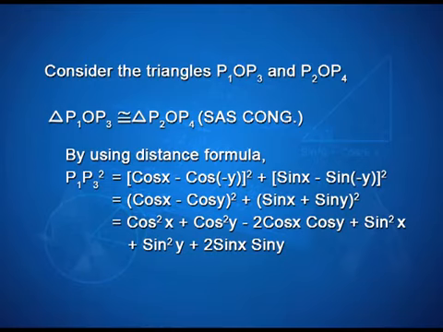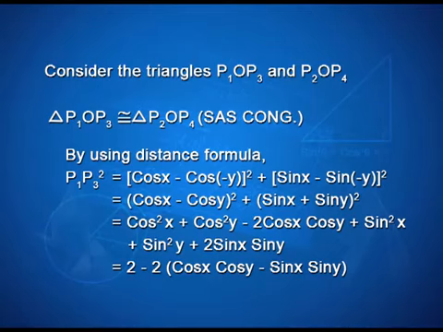We can now observe here cos square x plus sin square x is 1. Similarly, cos square y plus sin square y is 1, and this could be expressed as 2 minus 2 times cos x cos y minus sin x sin y, taking 2 as common.